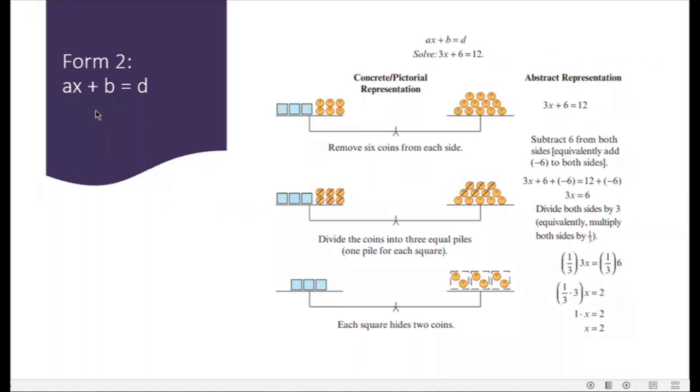Next, form number 2, ax plus b equals d. So let's cite an example. Solve 3x plus 6 equals 12. For the concrete and pictorial representation, we have a balance scale, 3 blue boxes and 6 coins on the left, and on the right, we have 12 coins.